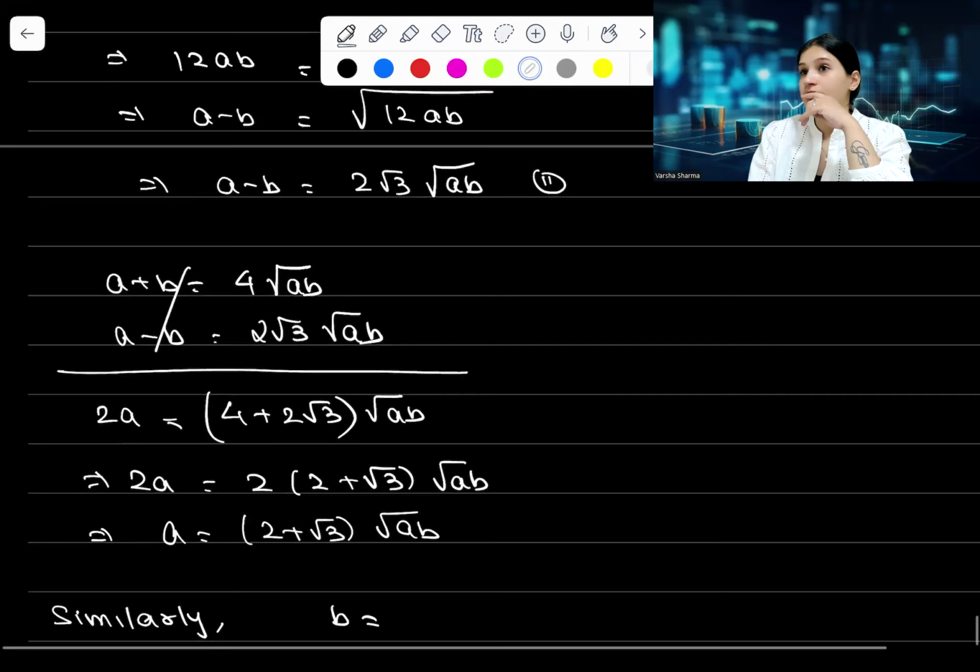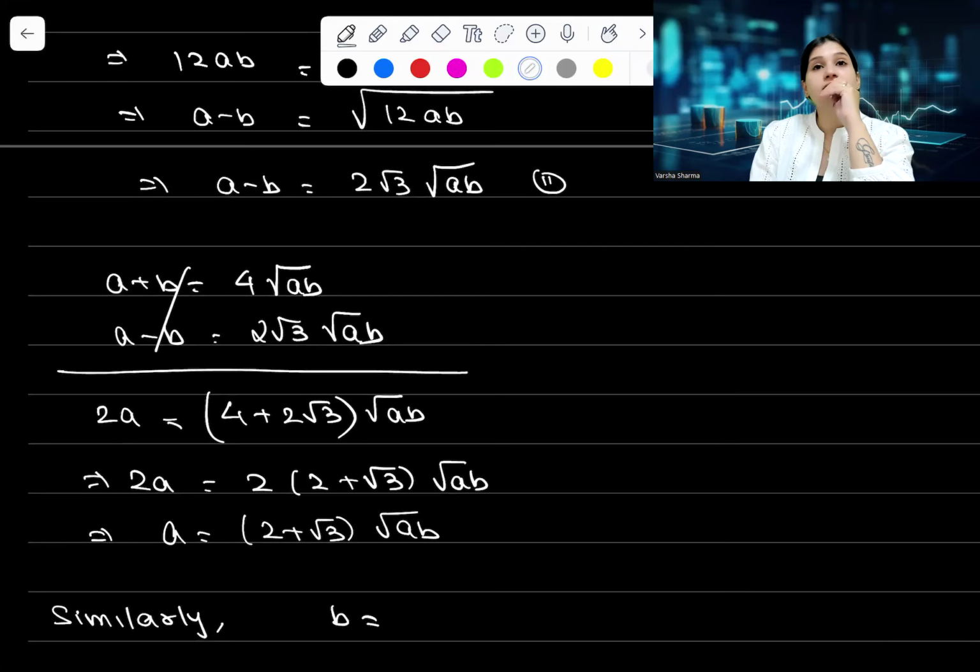Answer for B. Subtract the two equations.